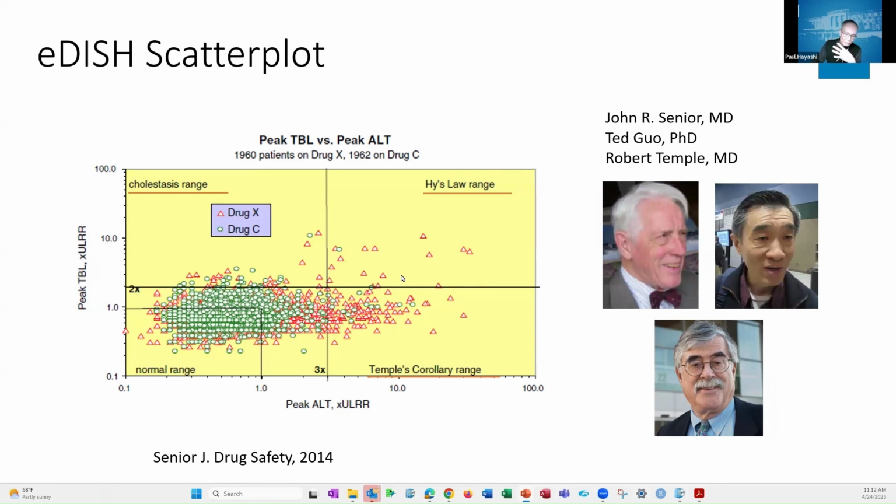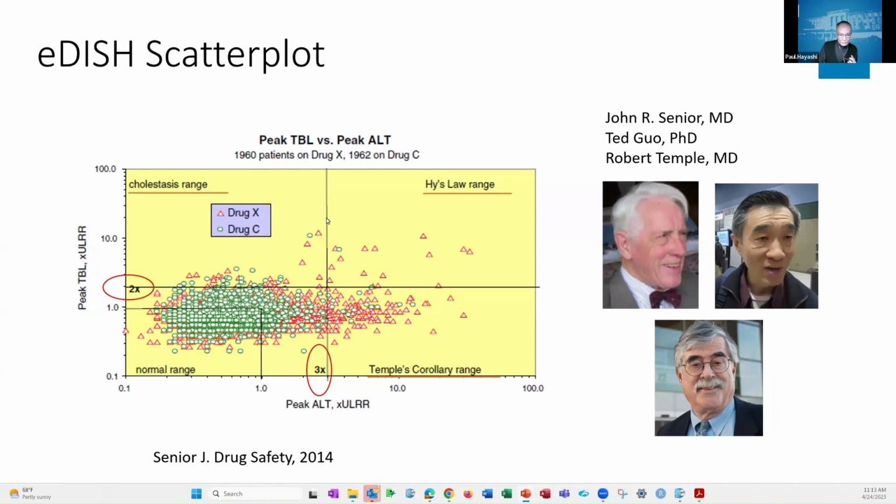And then the simple brilliance of this is they just decided to take this continuous variable output and overlay a categorical variable, which is these cutoffs, 2 times upper limit of normal for bilirubin, meaning jaundice. So everyone above this line technically is jaundiced or had a bout of jaundice.